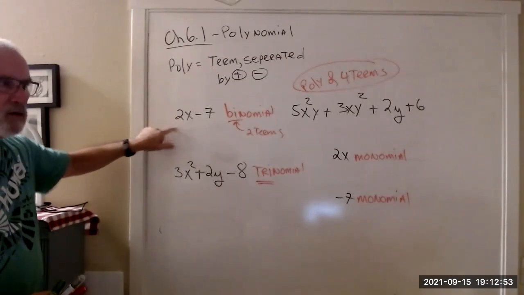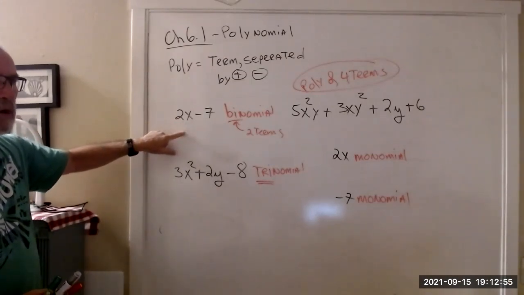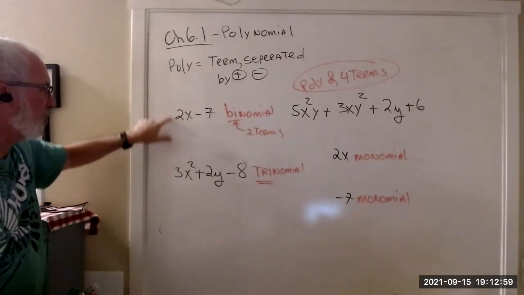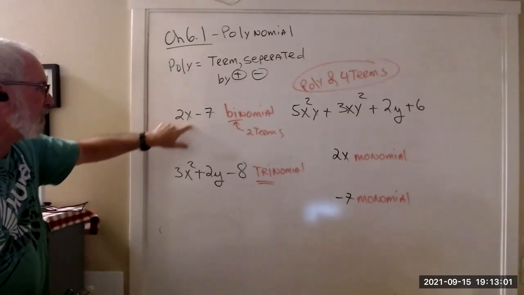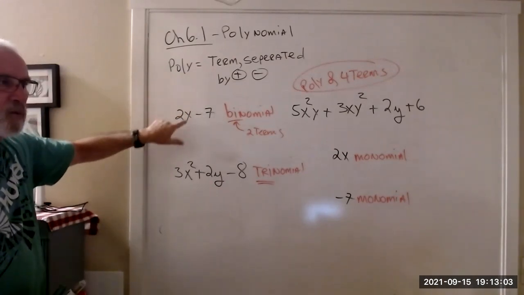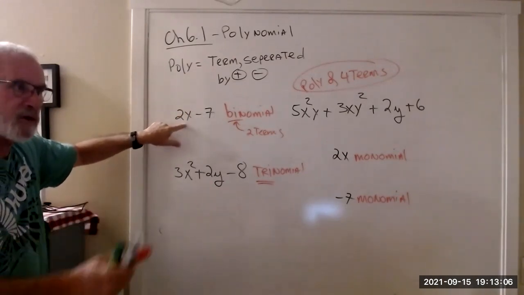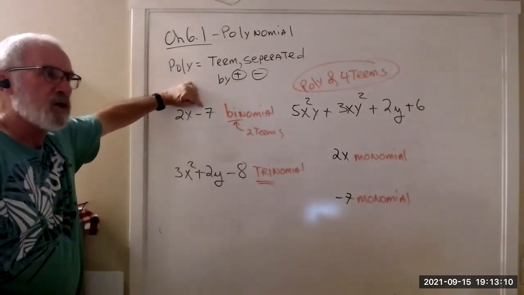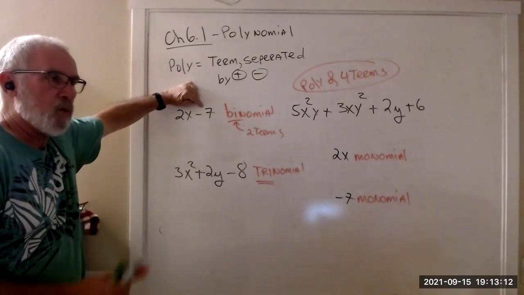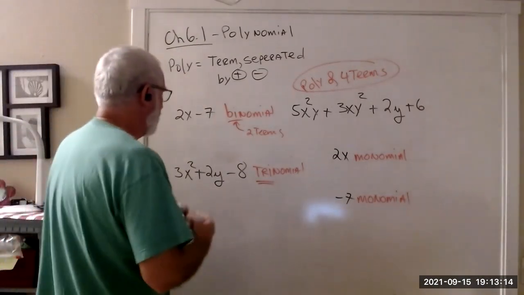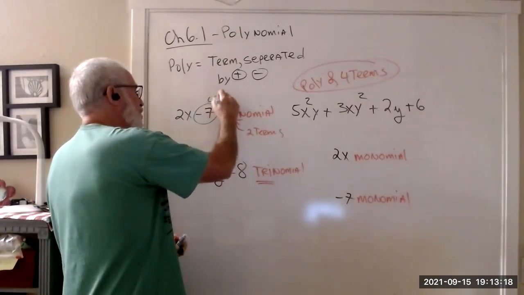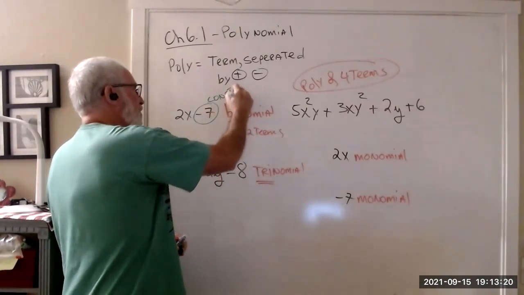Then this is 10. What if x is 1? Then this is 2. So this term can vary its answer depending on what x is, because x is a variable. But the -7 will never vary. It will never change. And so because of that, we call the -7 a constant.